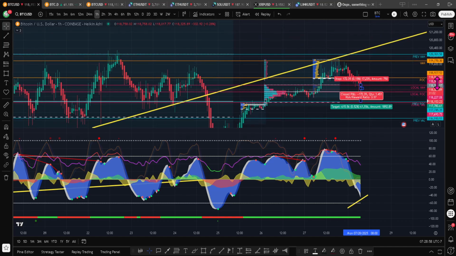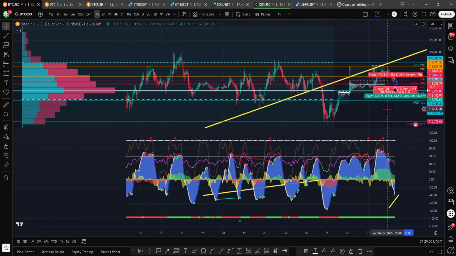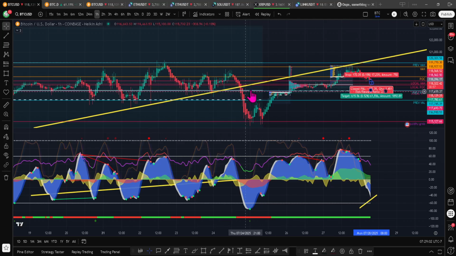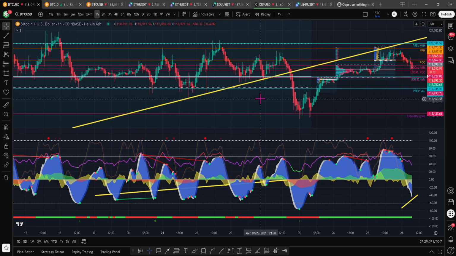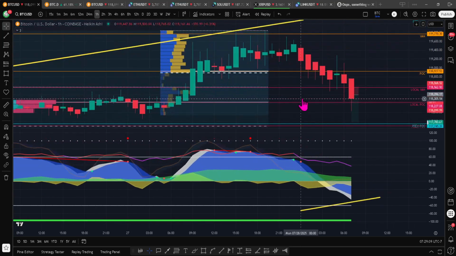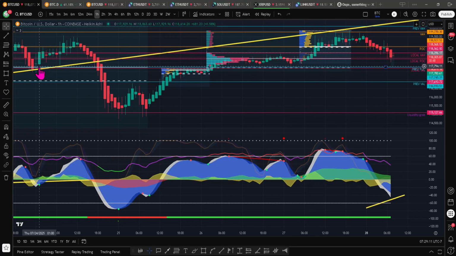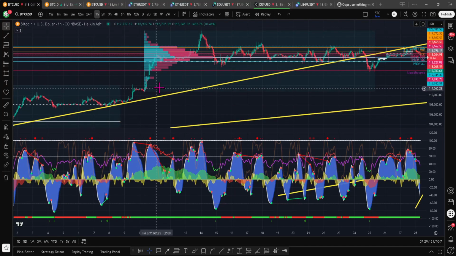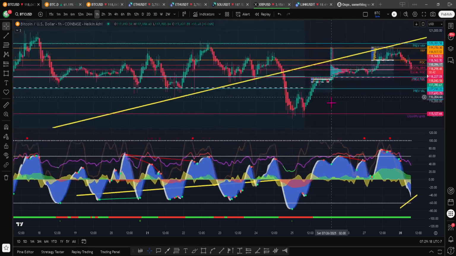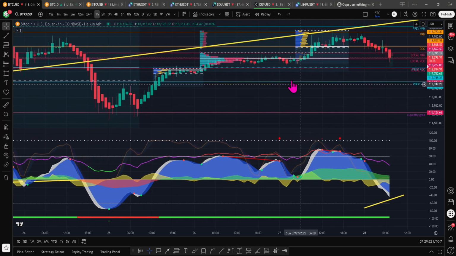Because we have the local point of control, and we have the previous point of control over here that we set up from the start of this run to the bottom of this run. And we also have confluence with the local value area low as well, where we overlapped here. So I actually do like that level for a nice little scalp.